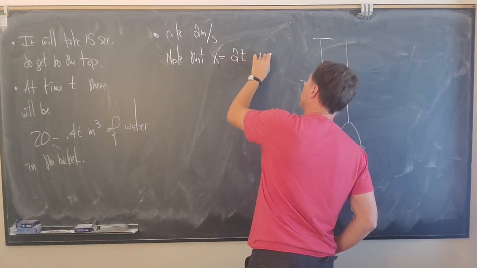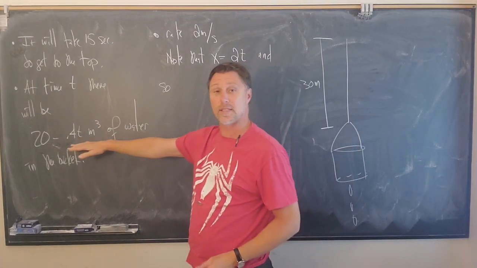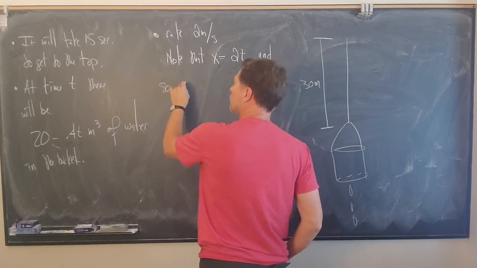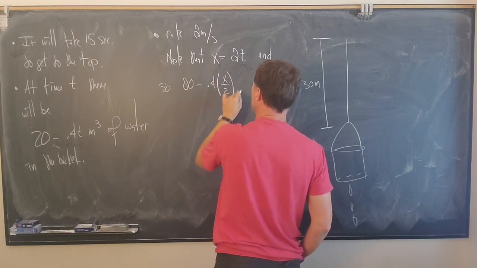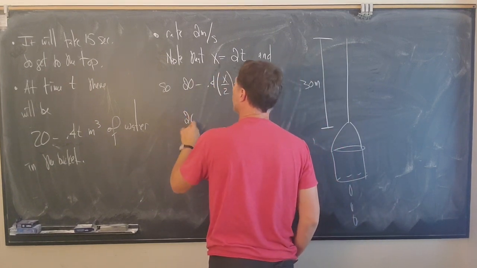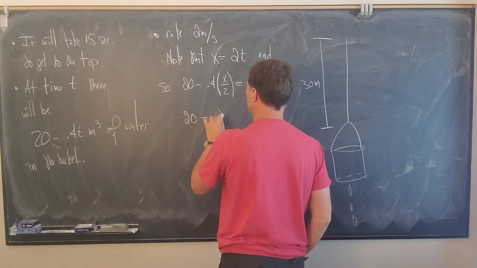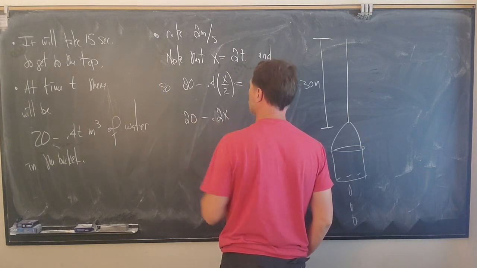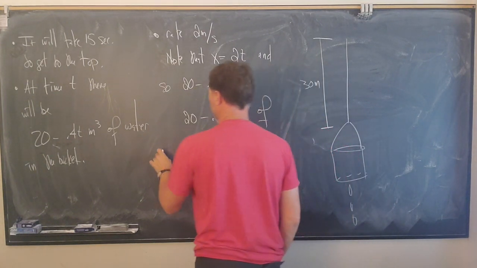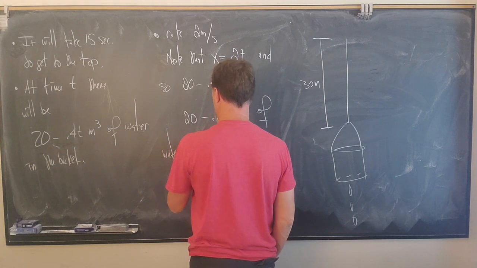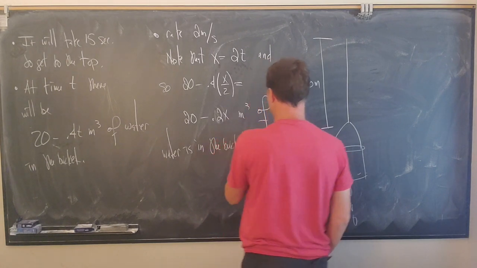If I solve for t, I get t equals x over 2, which I can substitute into this equation, and so we'll get 20 minus 0.4 times x over 2, which equals 20 minus 0.2x cubic meters of water in the bucket at position x.